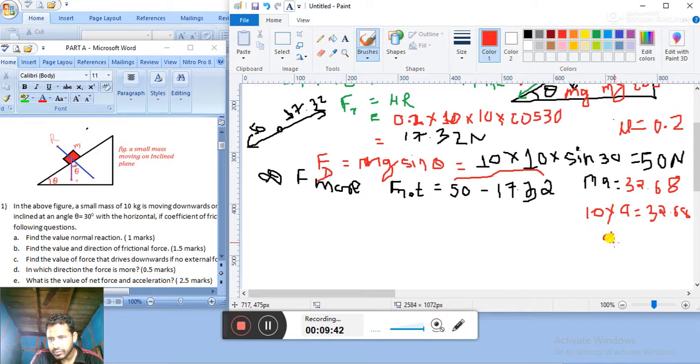Hence a equals 3.27. I am rounding this figure, that's why you get 3.27 meter per second squared.